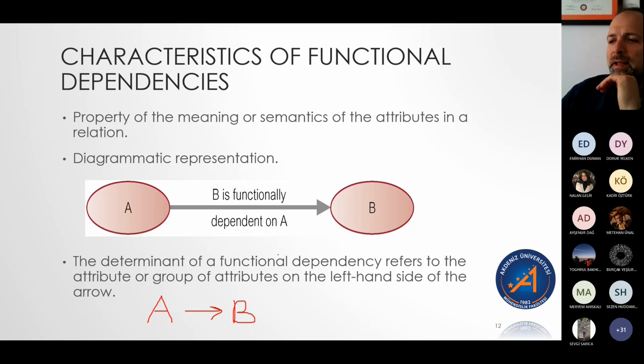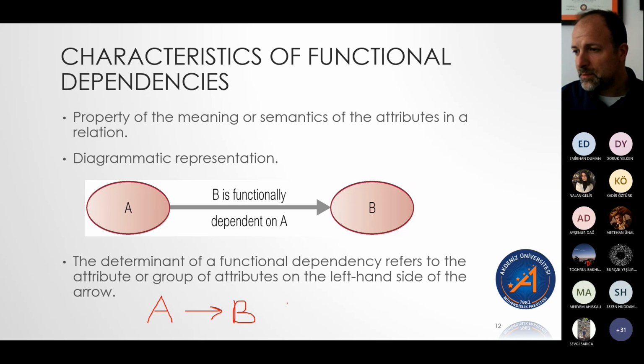The idea is that if we know the value of A, we can immediately know the value of B. Sometimes this relationship is what we call bidirectional, meaning that sometimes it works both ways.